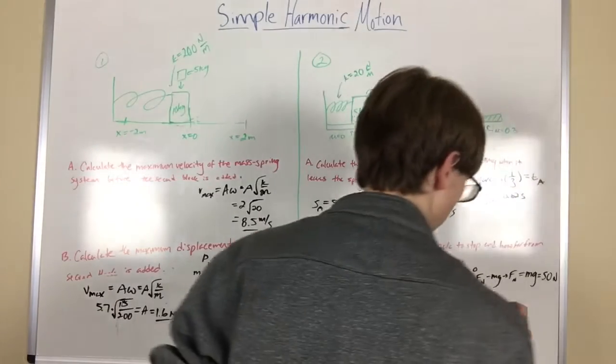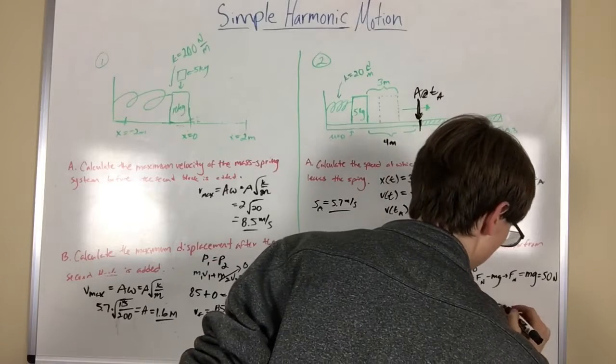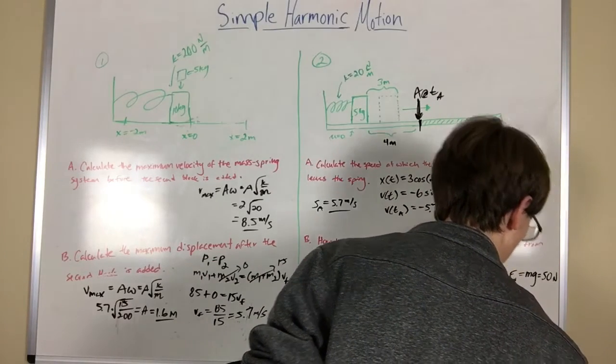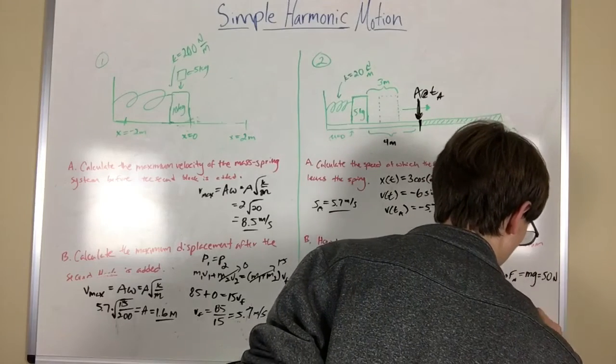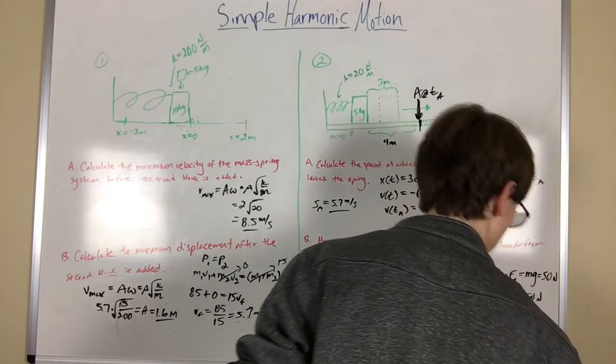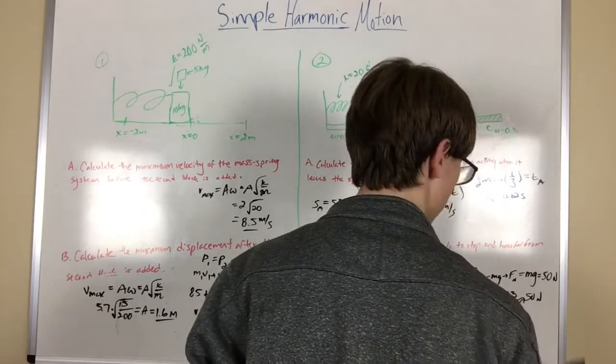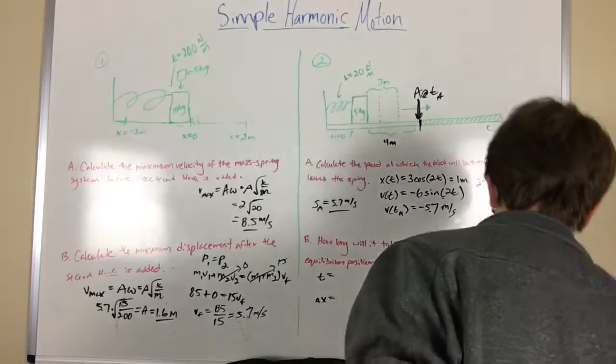And we also know that this is the same thing as negative mu times the normal force. The normal force is just mg, or just 50 newtons. And we know mu is 0.3, so that's 0.3 times 50, which is 15.